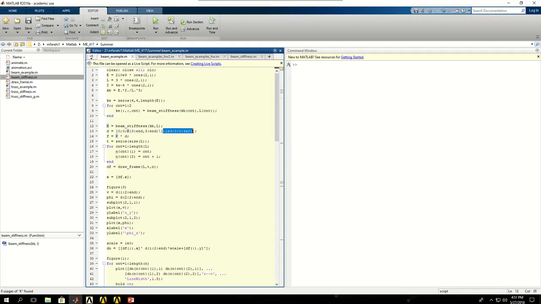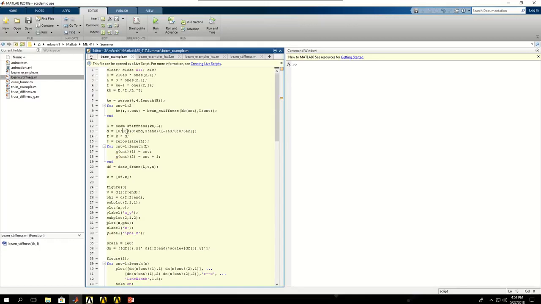So I have 3 nodes. For 2 of the nodes I know the forces. Minus 1000 force applied in the y direction and no moment in node 2. And in node 3 I have no force but a 500 Newton meter moment. And the displacement and rotation at node 1 are 0.